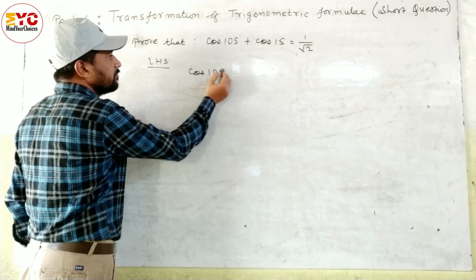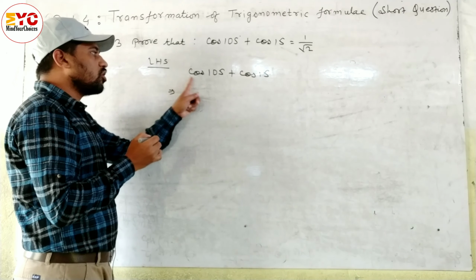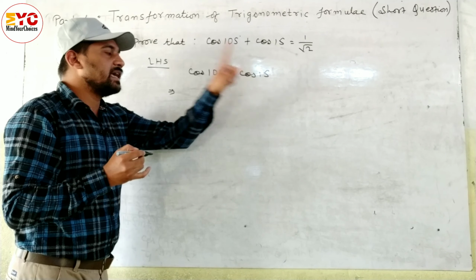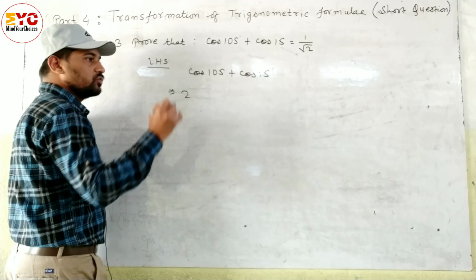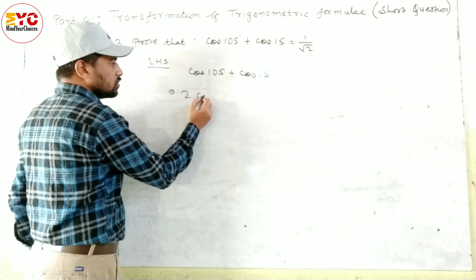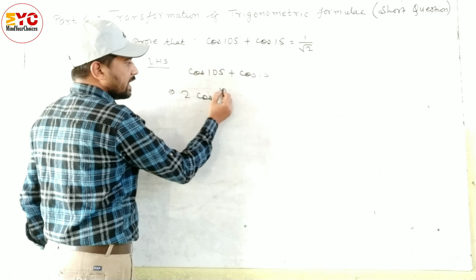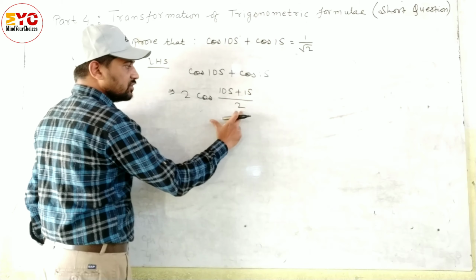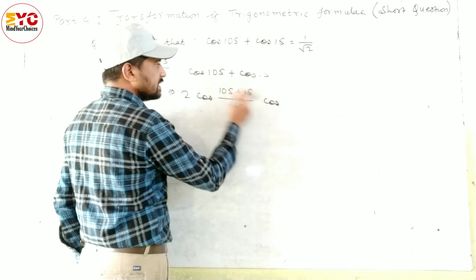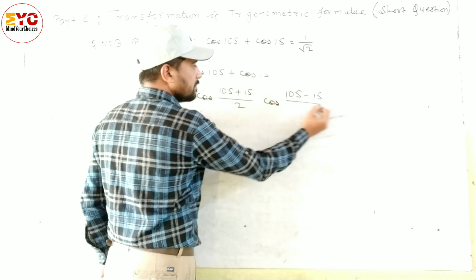Cos 105 plus cos 15. This is in the form of cos C plus cos D, and the formula of cos C plus cos D is 2 cos C plus D by 2 cos C minus D by 2. So 2 cos, C means 105, D means 15, 105 plus 15 by 2. 2 cos C plus D by 2 cos C minus D by 2, C means 105, 105 minus 15 by 2.